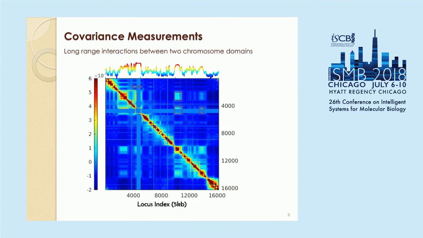Another important question in many chromosome studies is to understand the long-range interactions. So the covariance matrix evaluated from the GNM can show how much 2 loci are correlated or coupled in terms of their dynamics. The coupling may be a result of either direct or indirect contacts, and the latter of which may not be captured by the Hi-C experiments.